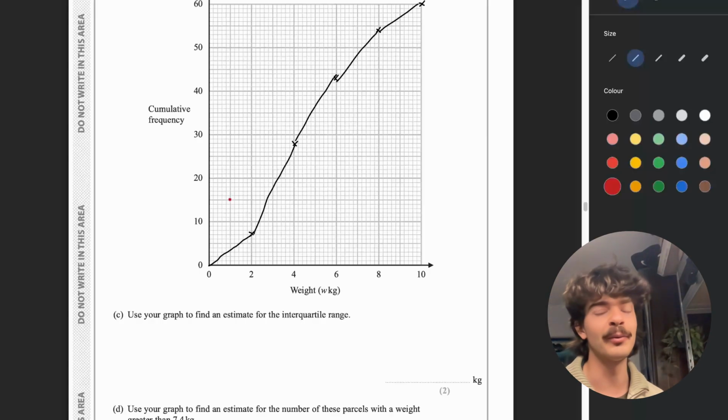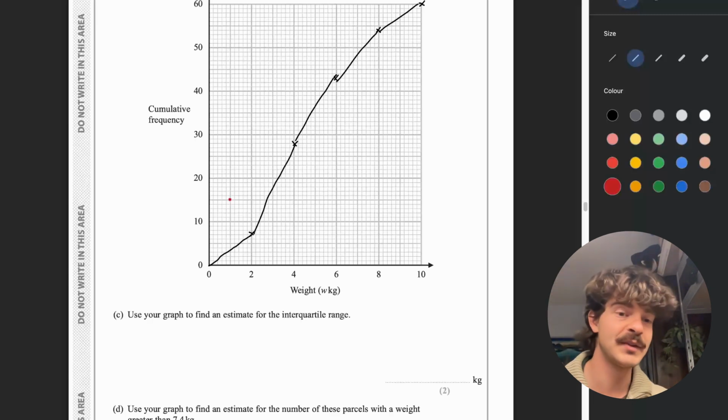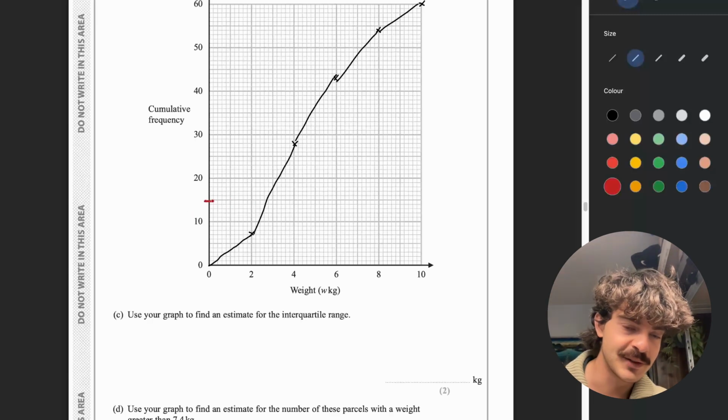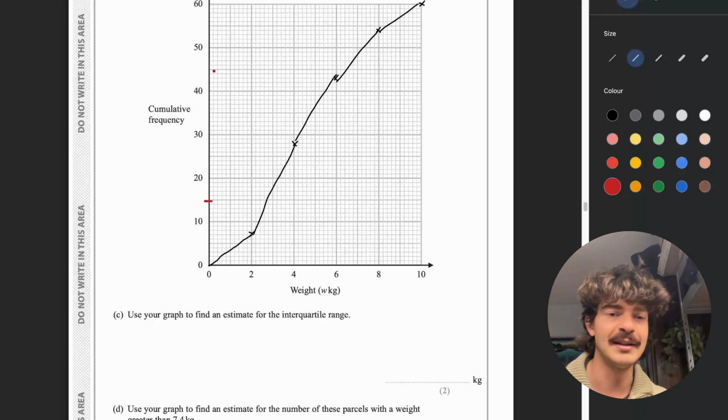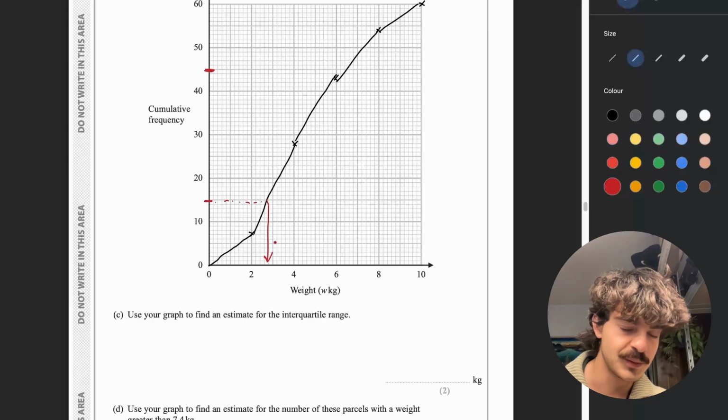Now to figure that out, we've got to work out, well, what number would have been the 25% biggest or smallest parcel out of the 60 parcels we had? And that would be 60 divided by 4, so 15. So the 15th parcel would have been the 25%, and the other side of that would have been the 45th parcel. So we can use this as a way to figure out what those weights would have been.